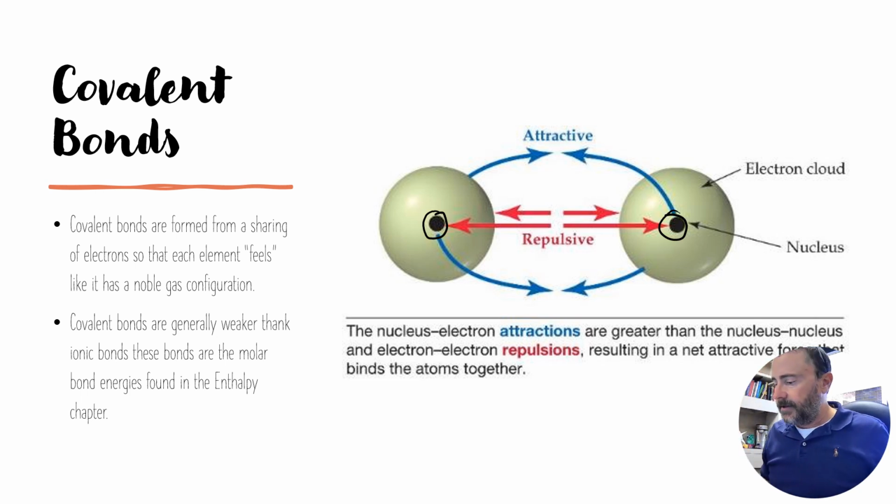All right, but the electrons from one of them are going to be attracted to the positively charged protons of the other one, and vice versa. And it just so happens that the attractive forces are slightly better than the repulsive forces in these, and that's why we get covalent bonds to take place.